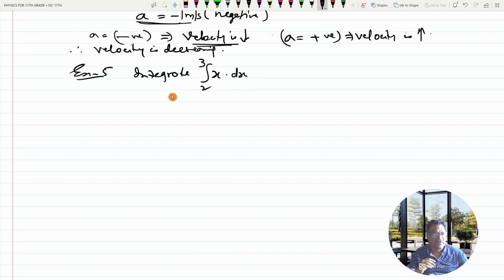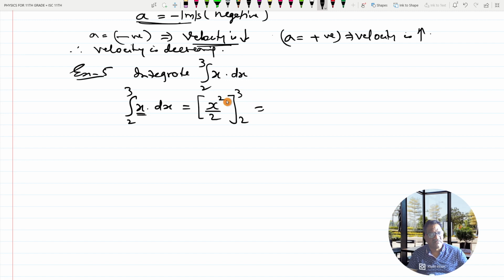Now if you want to do this, this is a definite integration question. So 2 to 3 x dx will be equal to, now what is the integration of x? Integration of x is x raised to 2 upon 2, isn't it? And then I'll put these values 2 and 3 over here.